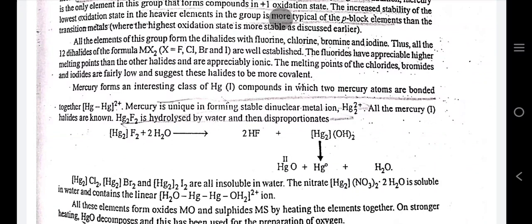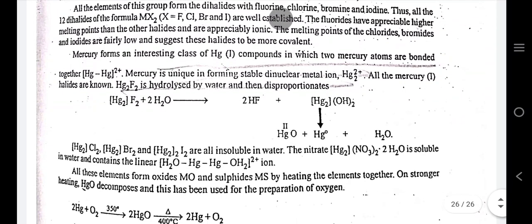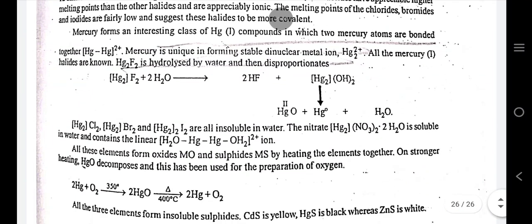Thus, all 12 dihalides of the formula MX2, where X is F, Cl, Br and I, are well established. The fluorides have appreciably higher melting points than the other halides and are appreciably ionic. The melting points of the chlorides, bromides and iodides are fairly low and suggest these halides to be more covalent.